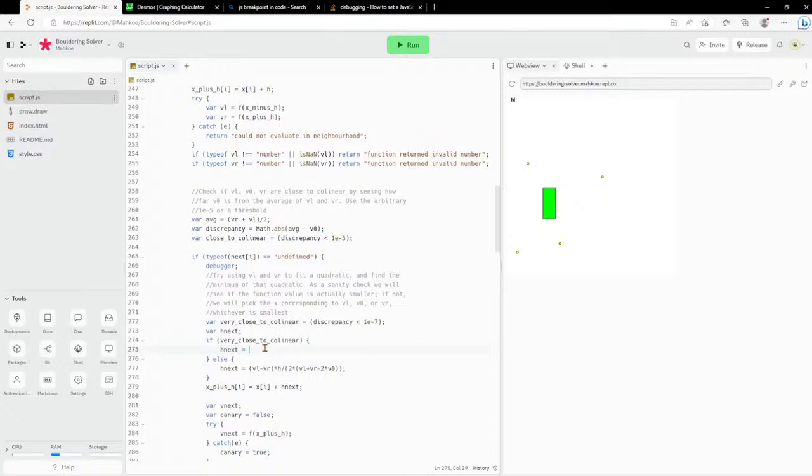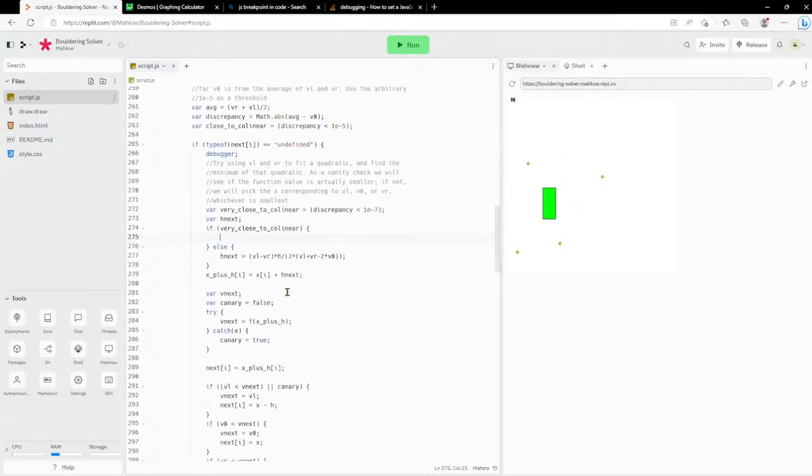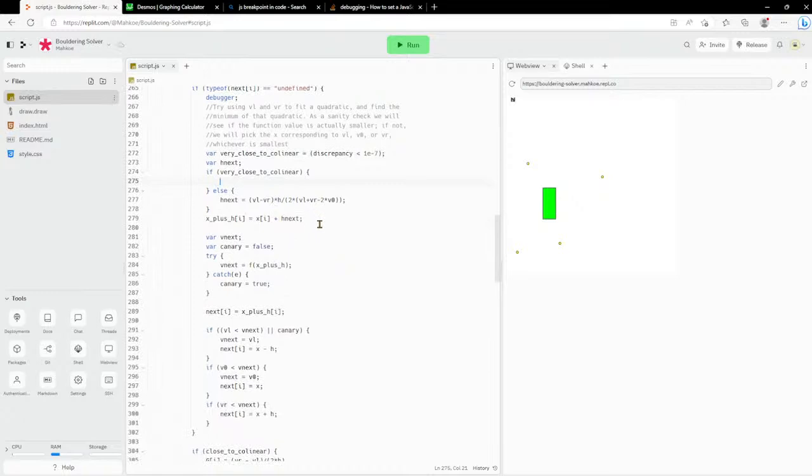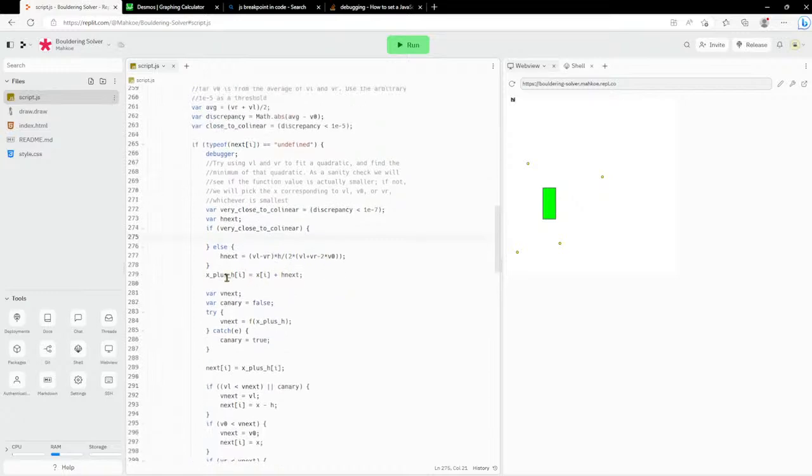But actually, none of this matters, though. None of this matters. If very close to collinear, then I don't know.